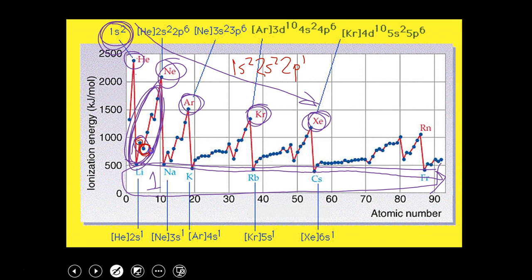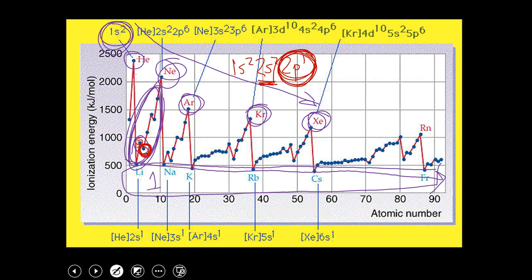So that's why it dips there, because you just need to steal one from that p orbital. The s orbital is full, so it's a little bit more to steal it, but the p orbital only has the one, so that's what makes it a little bit easier, because it's hanging out in the p.